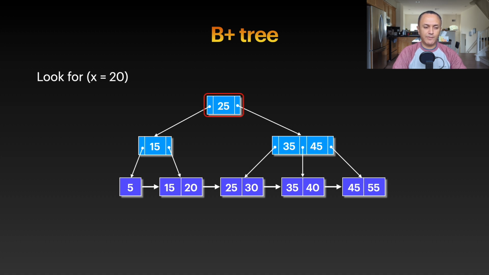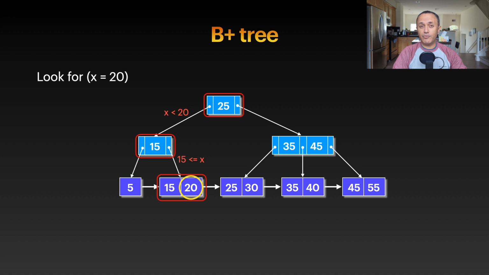So start from the root, we're looking for 20, so we know we're gonna go to the right side because that's less than 25. We go to this node, which is 15, it has a single key so far. So again, we're looking for 20 that's greater than 15. So we go to this node, and then we find the 20 that we're looking for. This is for a point query.